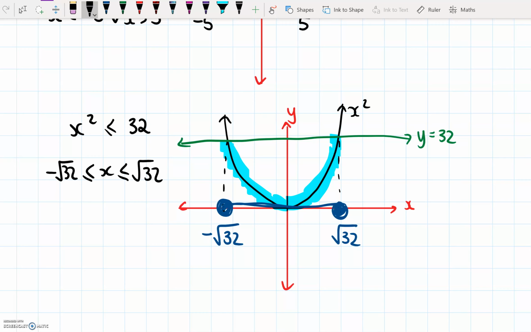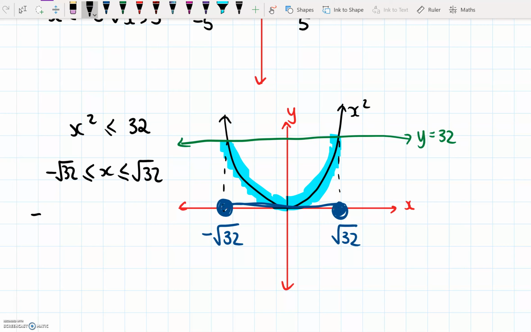Now, technically we should also simplify these. It's probably been a while since you've simplified square roots, but you need to think of a square number that 32 can be divided by. A square number is something like 1 squared is 1, 2 squared is 4, 3 squared is 9, 4 squared is 16. So 32 can be divided by 16.